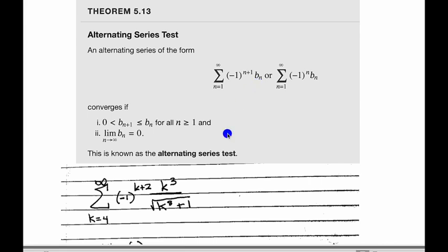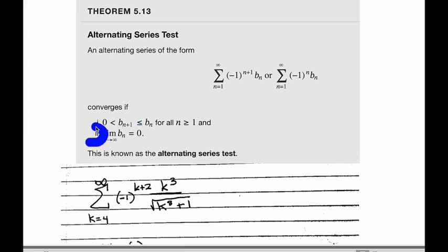All right, and so if we have an alternating series, this test tells us it converges if these two conditions are met. So the first condition is to check to see if the nth plus 1 term, or in this case the k plus 1 term, is smaller than the k term. So we're looking to see if this sequence is decreasing.